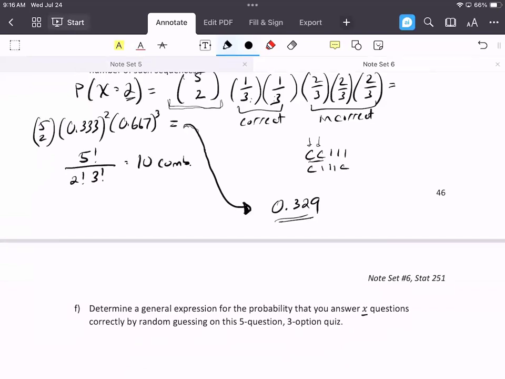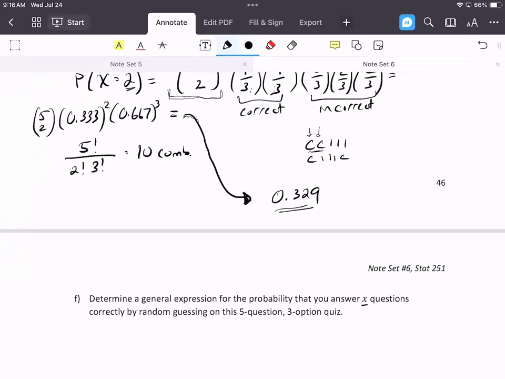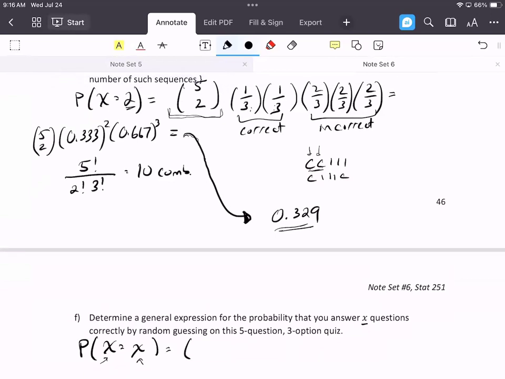I can say, probability of X. Now, that number is going to be somewhere between 0 and 5, but I don't know. So this is our general, and this is the specific number we're looking for. We said 5, choose 2, and that happens to be our X. Well, we're going to do 5, choose X. And then the number that we got correct, which is the 2 here, so we're going to do the 0.333 to the x power.